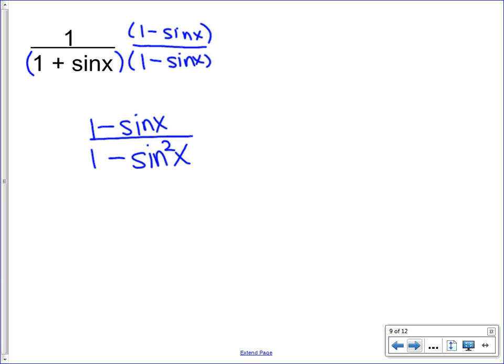A plus b times a minus b is a squared minus b squared. I see 1 minus sine squared. You're going to look back to your identities. Which identity should you look at? The Pythagorean. What is 1 minus sine squared? Cosine squared.